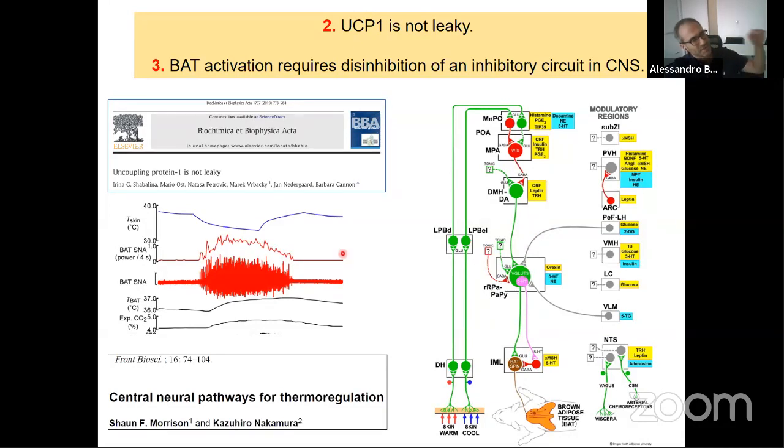And when, for example, the skin is cooled down, there is a rapid discharge of sympathetic nerves and a rapid activation of the brown adipose tissue. If you combine the work of Barbara Cannon, Jan Nedergaard, and Sean Morrison, you really have this picture of an organ which is kept inhibited unless it's needed.